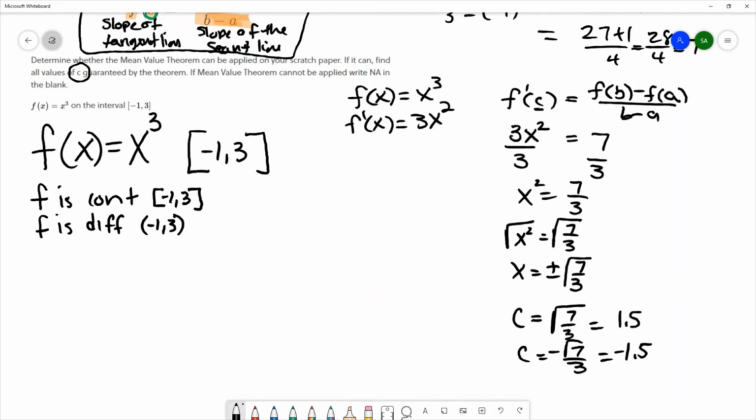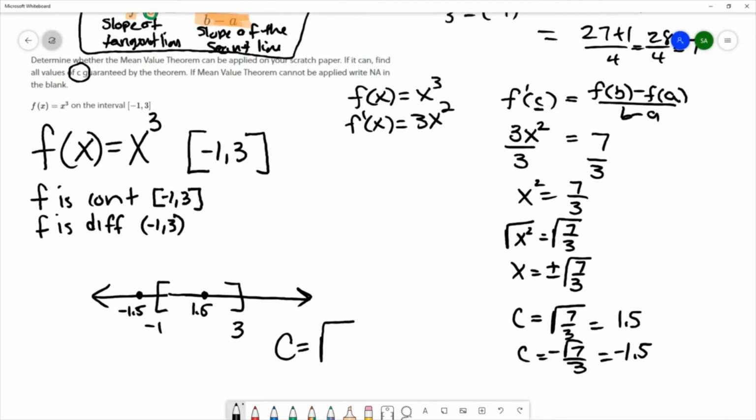And if we think about our interval from negative 1 to 3, 1.5 would be in that interval, closer to the middle. However, negative 1.5 would be outside of the interval. So the value of c that is guaranteed by the mean value theorem is square root of 7 over 3.